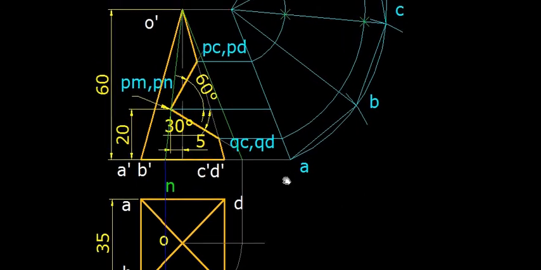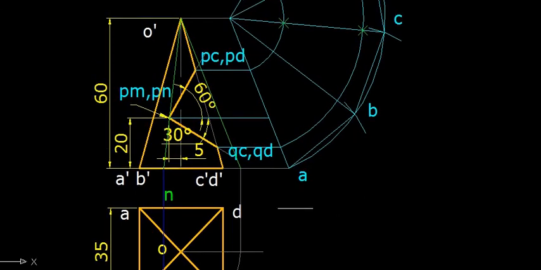To mark this, I am taking the compass, putting this as the center and taking this distance. This distance need not be typed by anybody. You can simply take this distance from the top view.